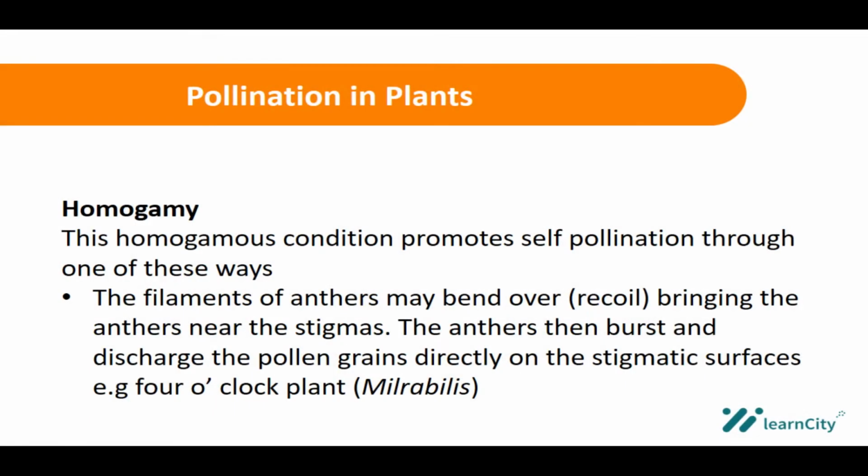So the first way homogamy can promote self-pollination is through pollinating agents carrying the pollen grains from the anther to the stigma.